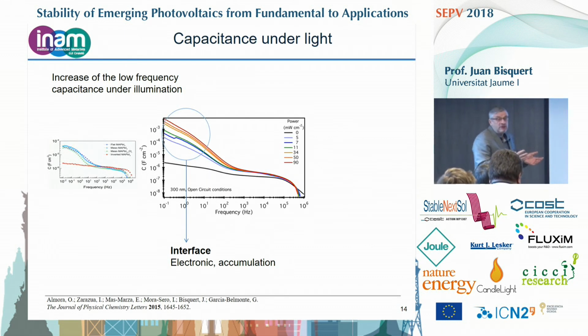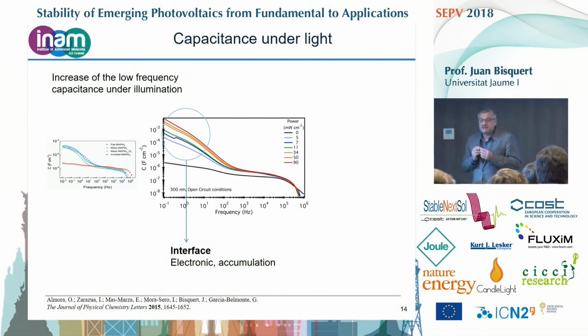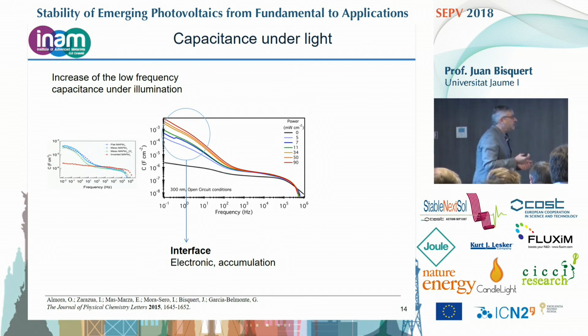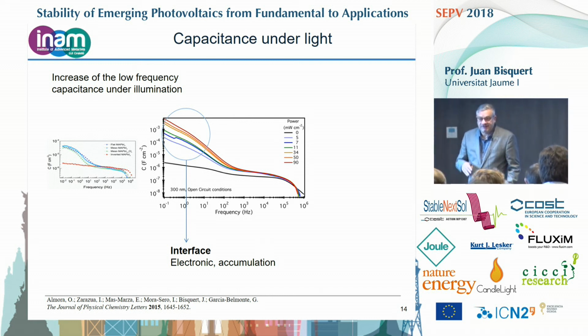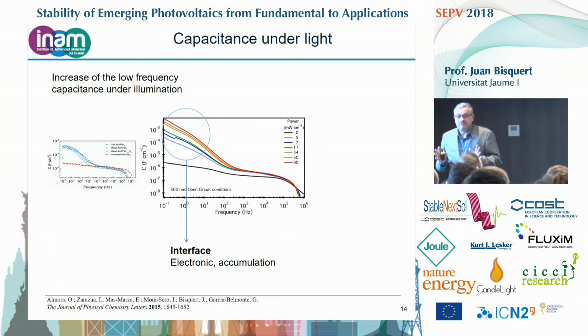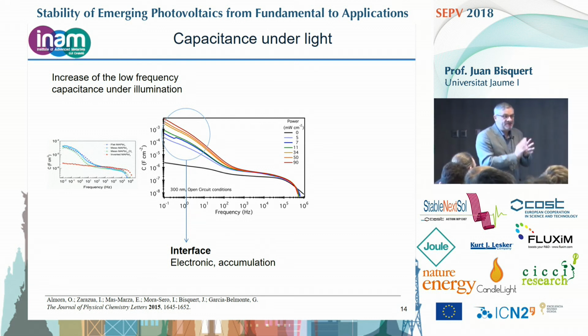Then we move to the observation of capacitance under illumination, which is critical, of course, for the photovoltaic operation. Here, this is the baseline I showed before, like this one, like 10 to the minus 5, but then under light it goes 1,000 times bigger, 10 to the minus 3, okay? Now, this cannot be an ionic surface capacitance, because the ions cannot become smaller.